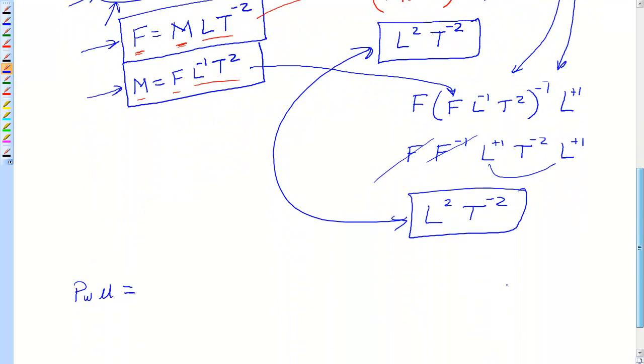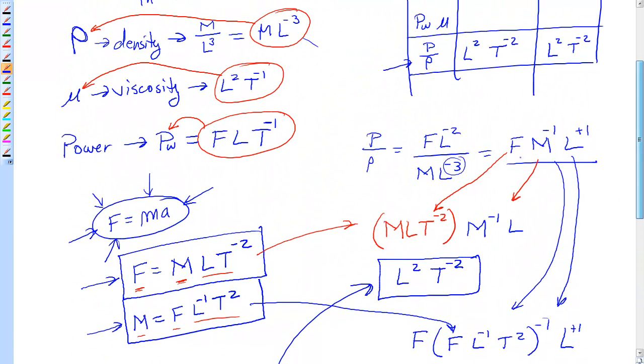F L T to the minus 1. And on the viscosity, going to have L squared T to the minus 1.